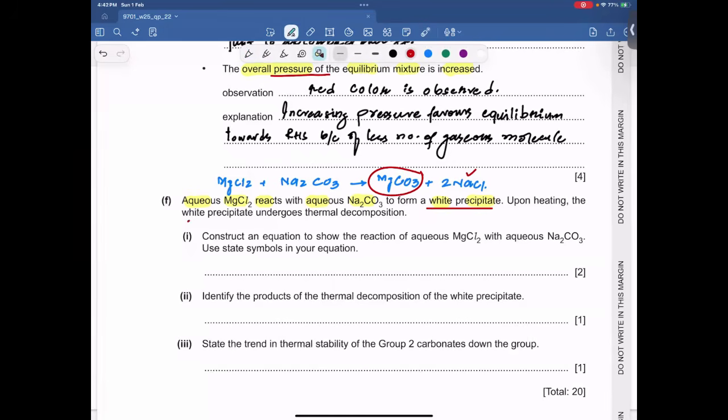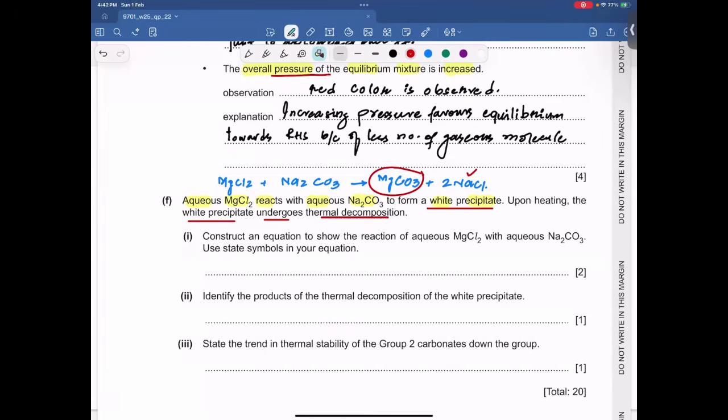Upon heating, the white precipitate undergoes thermal decomposition. Construct an equation to show the reaction of aqueous MgCl2 with aqueous sodium carbonate. State symbols are also required in the equation. Oh, that's easy. Magnesium chloride is aqueous according to the examiner's statement. Sodium carbonate is also aqueous, Na2CO3.